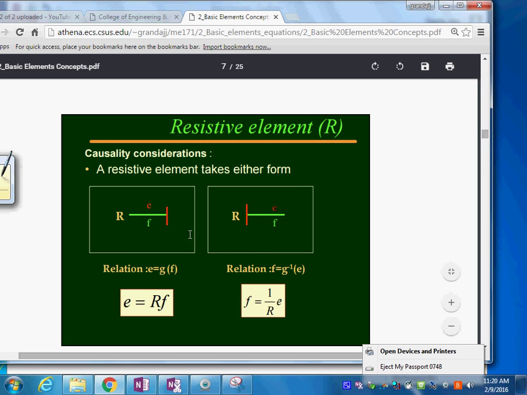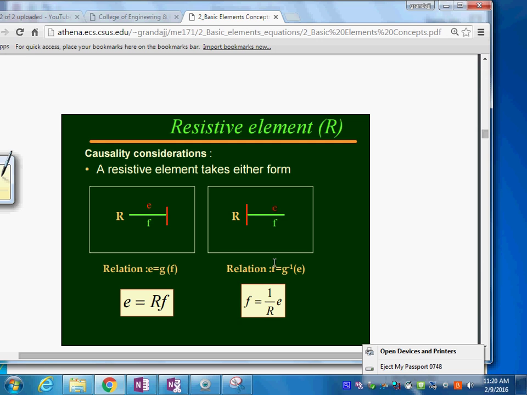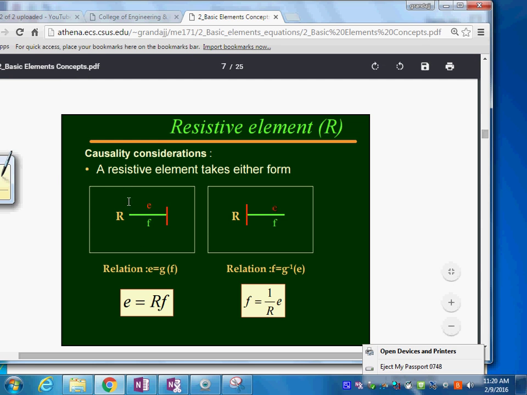Okay? This kind of relationship can be plotted into a block diagram. This is what I was saying: I think we need to represent it in the block diagram way, the bond graph way, and the graphical way. So in here, if you have the equation like you're seeing here, E times 1 over R is equal to F, you will have this way.